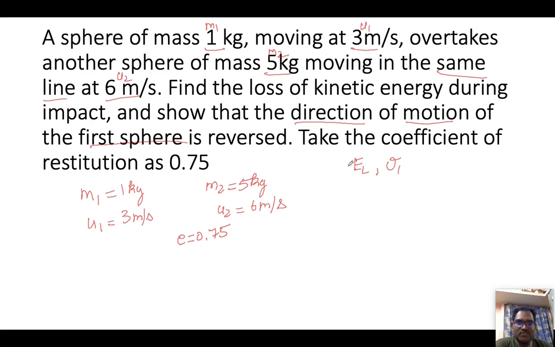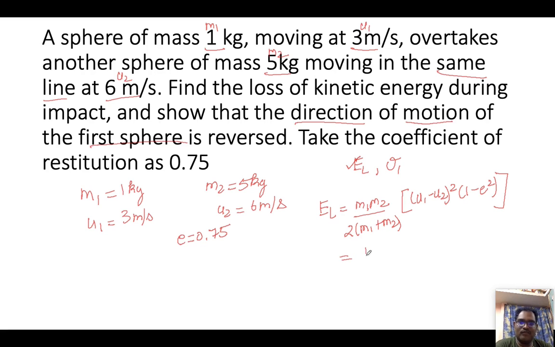First we'll find EL. Your EL is equal to, remember the formula, m1 m2 divided by 2 into m1 plus m2, into u1 minus u2 the whole square, into 1 minus e square.